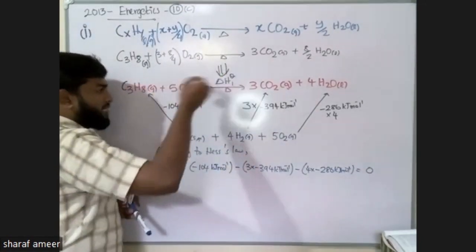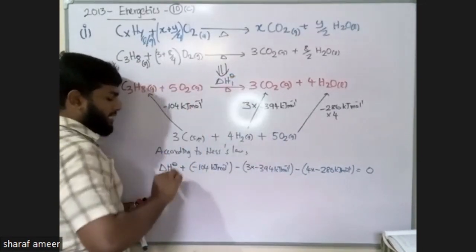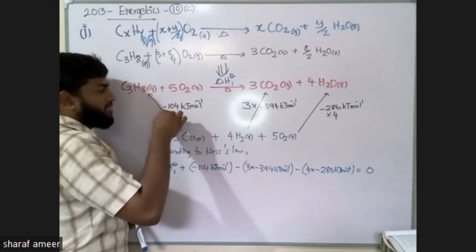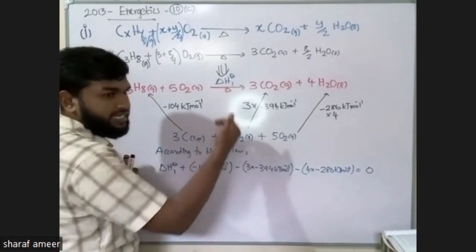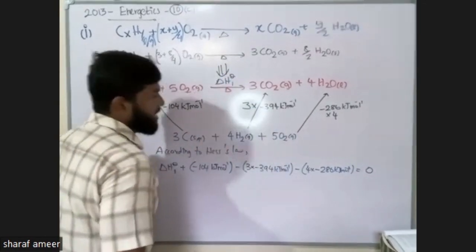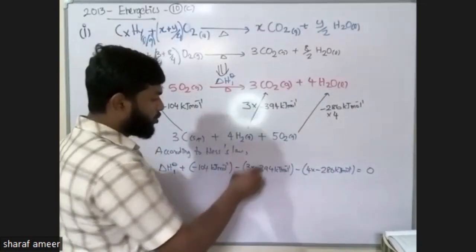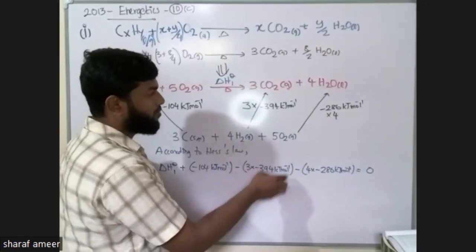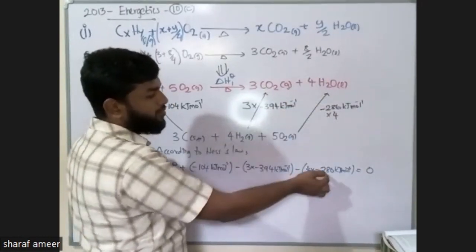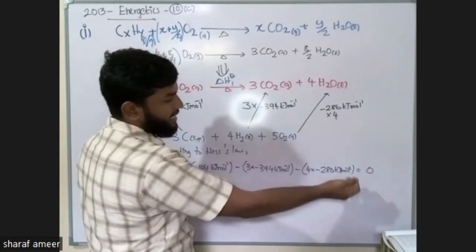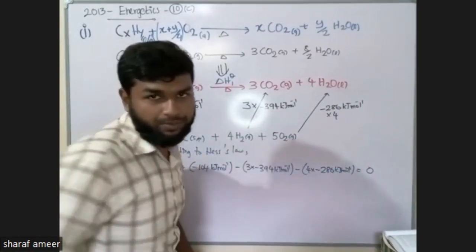This one is going in the clockwise direction, so I took plus. Understood? The cycle is in the anti-clockwise direction, so minus 3 into minus 394 minus 4 into minus 286. That total must be equal to 0. Understood?